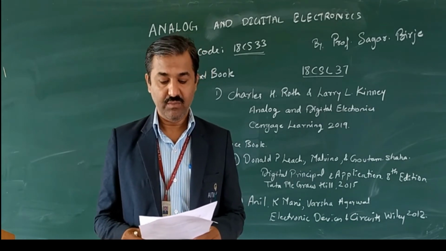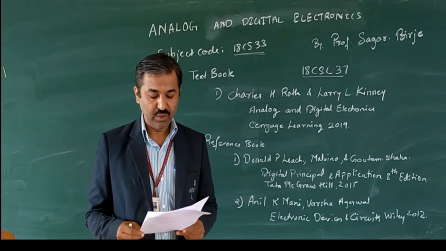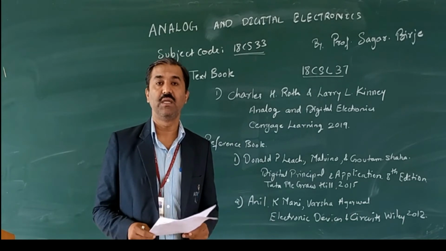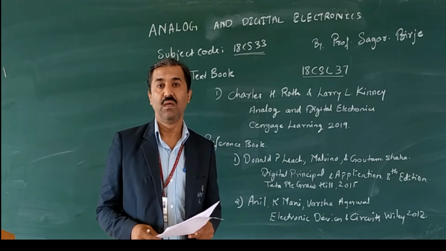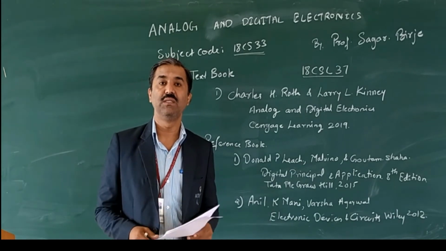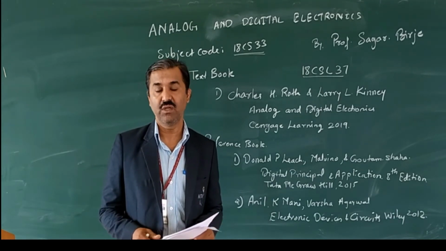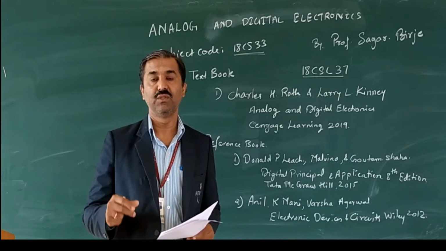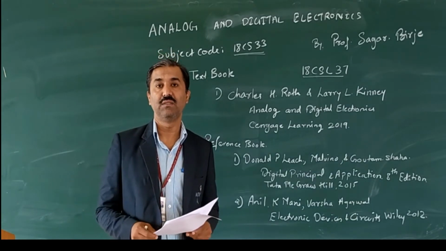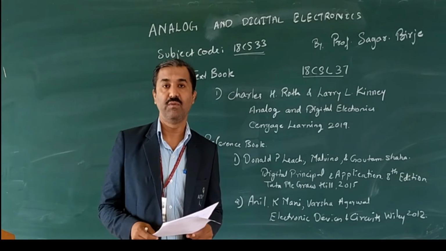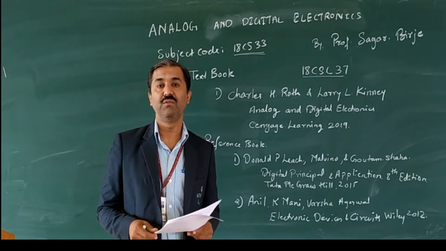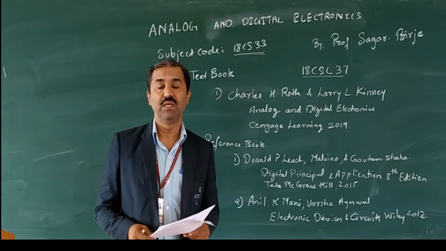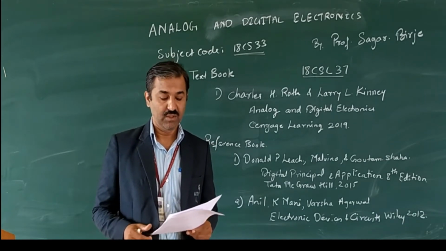If you look into this subject, Analog and Digital Electronics, it has two parts covered. One is the analog part and the second one is the digital part. The analog part is covered in the first module, and the second, third, fourth and fifth modules majorly cover the digital electronics part.